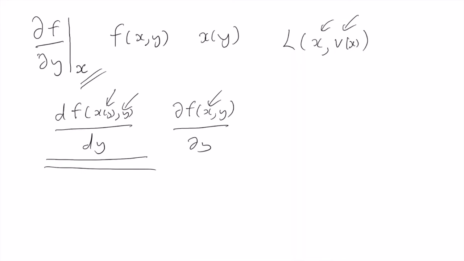Well, that's true, but it turns out that all we ever actually need to take are partial derivatives of the Lagrangian with respect to x and not worry about any dependence that the velocity might have on x. And also we'll be taking partial derivatives of the Lagrangian with respect to v.